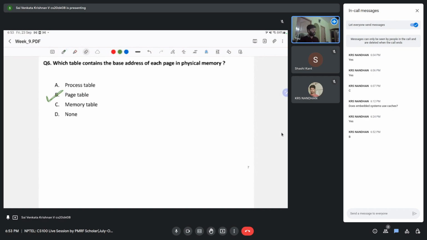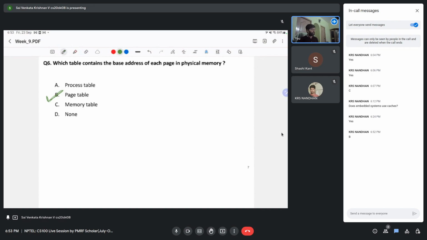The process table just stores information about all the processes, irrespective of whether they are active or sleeping. The page table is maintained with respect to each process, and it contains the mapping of virtual to physical addresses of each page, so the page-to-frame mapping is stored in the page table.